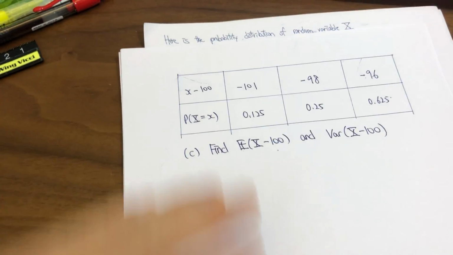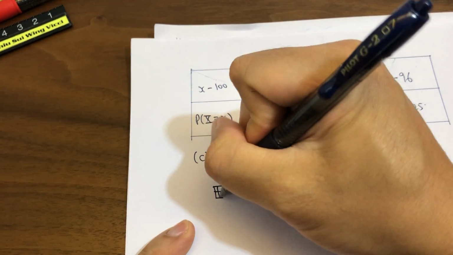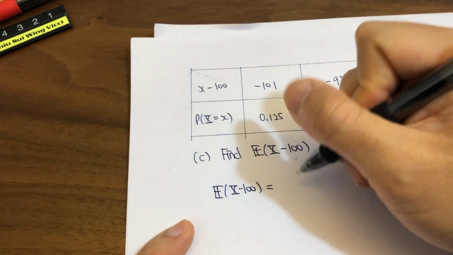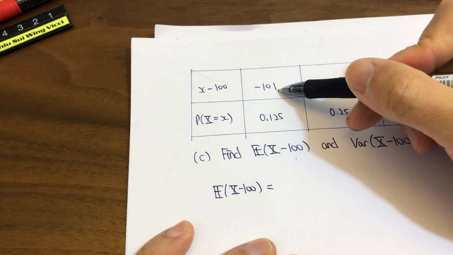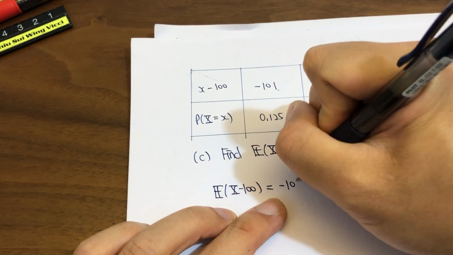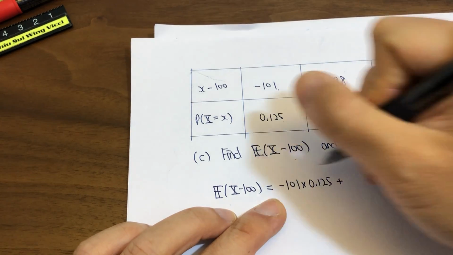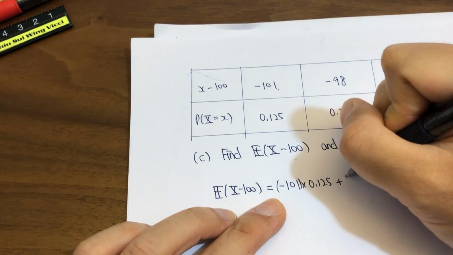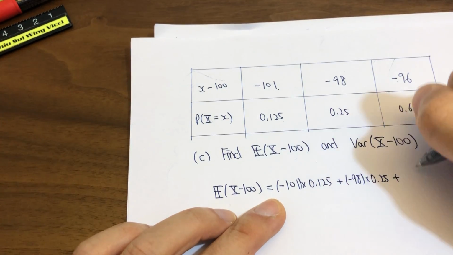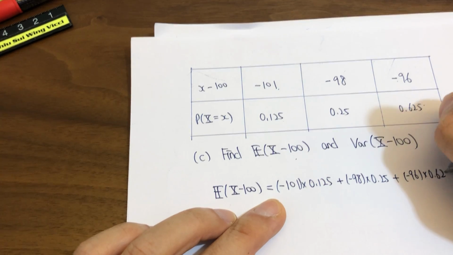Okay, we are ready now. Let's find the expected value. The expected value of x minus 100 is the value of x minus 100 times the corresponding probability: -101 times 0.125 plus -98 times 0.25 plus -96 times 0.625.